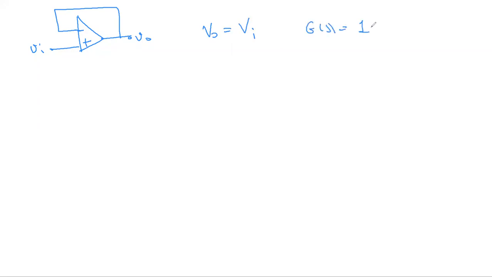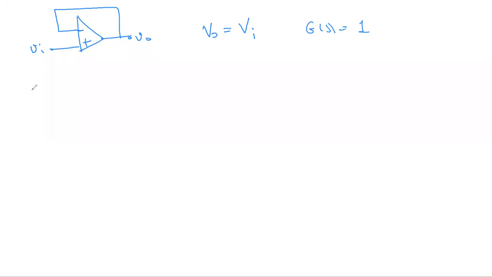Let's look at another case, where we have V0 is equal to Vi, G of S is equal to 1.